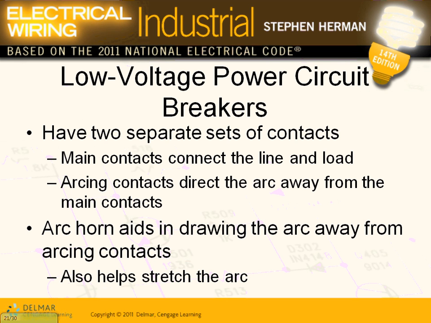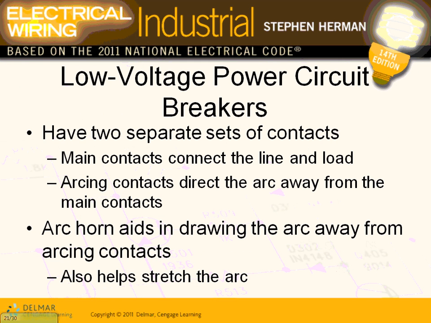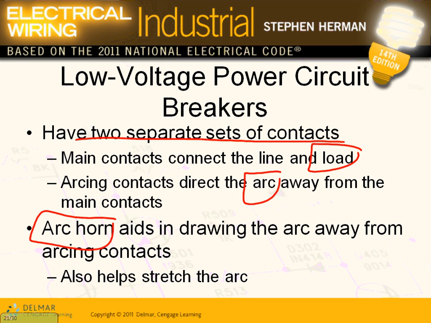So low voltage circuit breakers, that's basically the molded case. You know what they do, guys? They have two separate sets of contacts, one for the load and one for the arc, to extinguish the arc. This is how they build them. And then they also put an arc horn, which moves the arc away from the contacts.